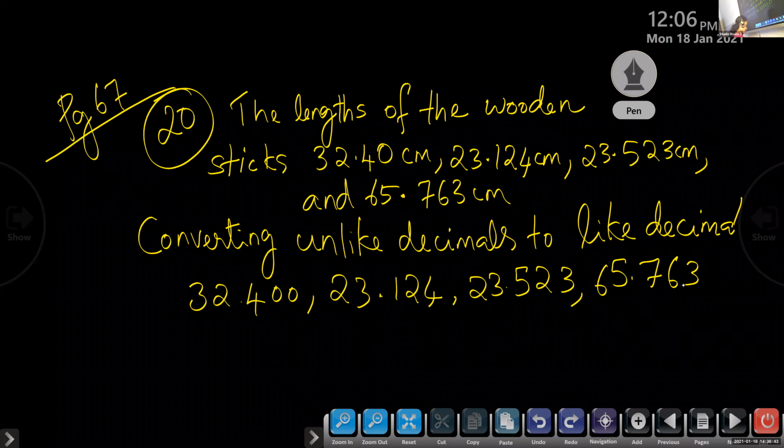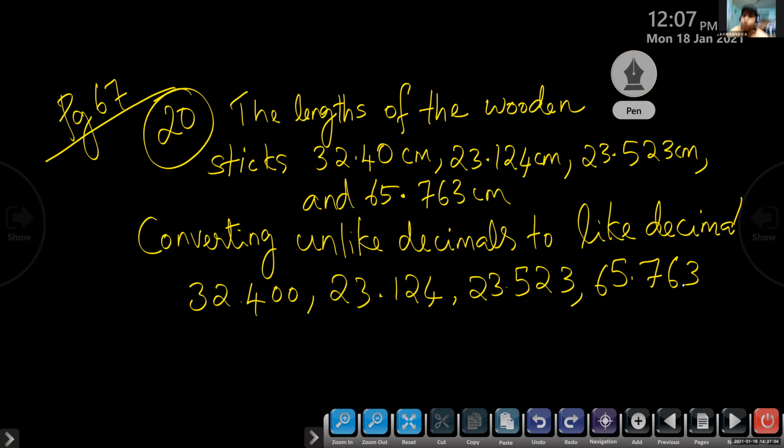Now comparing, here we had to see comparing the integral part and comparing the decimal part. He arranged the sticks from shortest to the longest. So we can write in ascending order, shortest to longest.